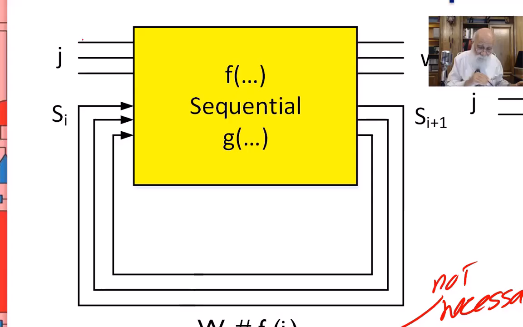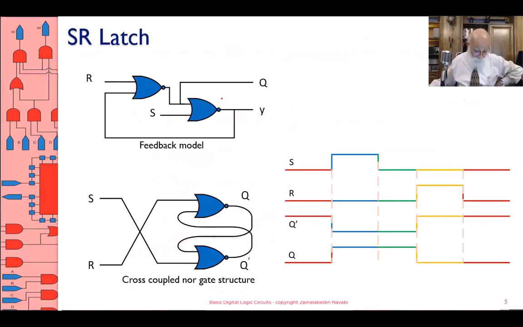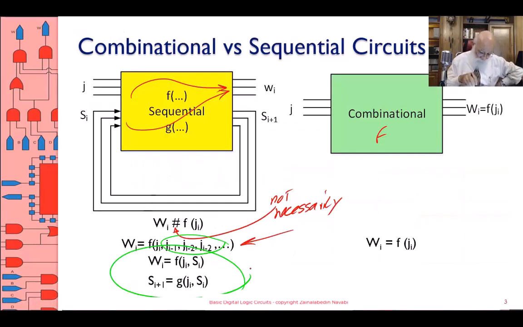J comes in, and decides something for the output. That decision is based on the input. Let me use a different color pen. That output is a function of the J input and the present state of the circuit, which is this thing over here.